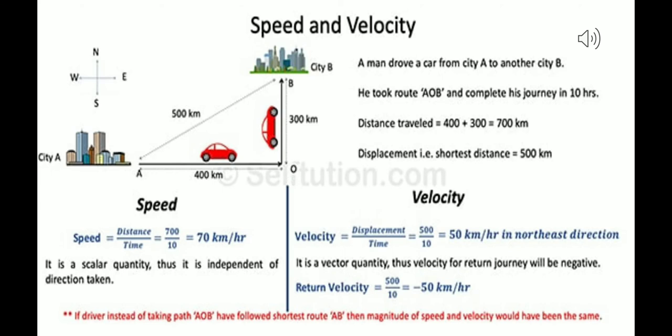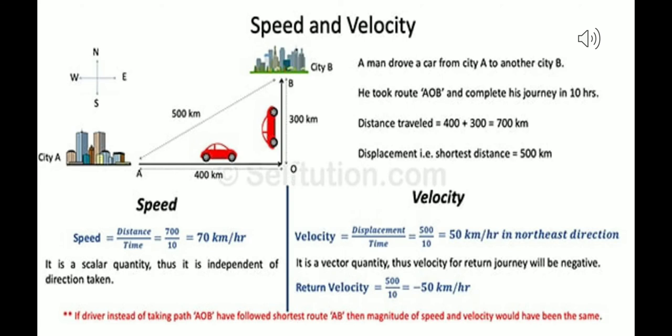Now, there are a few things in this. Uniform speed. A body is said to be moving with uniform speed if it covers equal distances in equal intervals of time. You must have seen this in so many examples you have studied in classes 7 and 8, and you must know what uniform speed is.